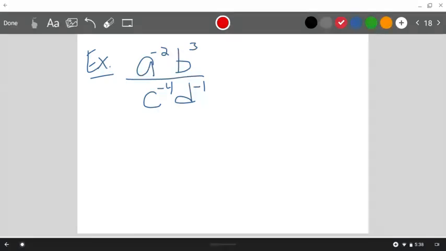Okay, for this one, there's no simplification we can really do besides flipping the letters that have negative exponents on them. So the a to the negative 2 will flip to the bottom. The c and the d will flip to the top. The b will stay where it is.